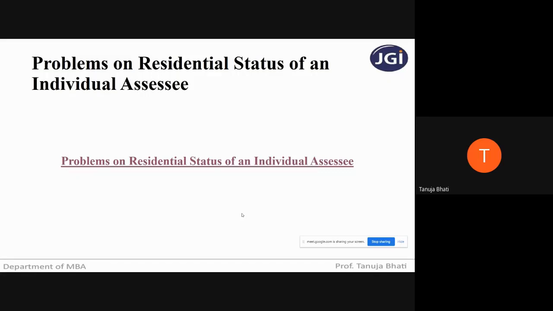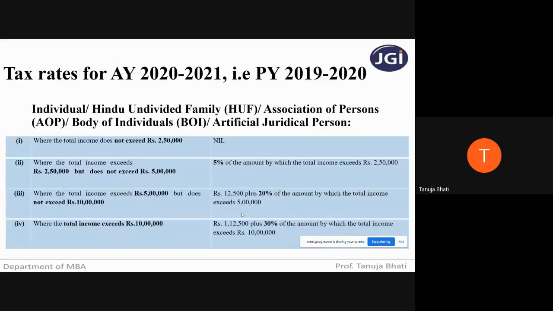Okay, so moving ahead, let us see now the tax rates applicable for assessment year 2020-2021. Because currently you're in which year? You're in the year 2020-2021, where 2021 has not yet completed.